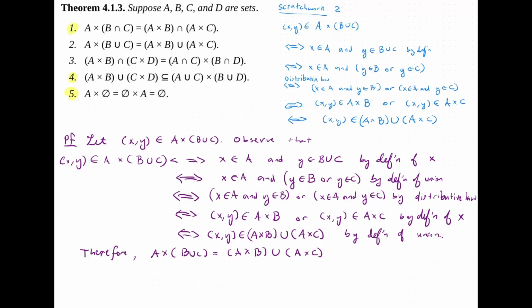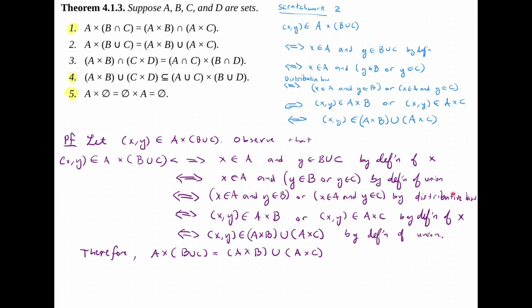Then the next line, we can go to it by taking the definition of a union. And so x is in A and y is in B or y is in C by definition of the union. But now if we start here, since everything has been laid out, then we can go back to this stage, since this here is equivalent to this by the definition of the Cartesian product. And so these if and only ifs are justified.